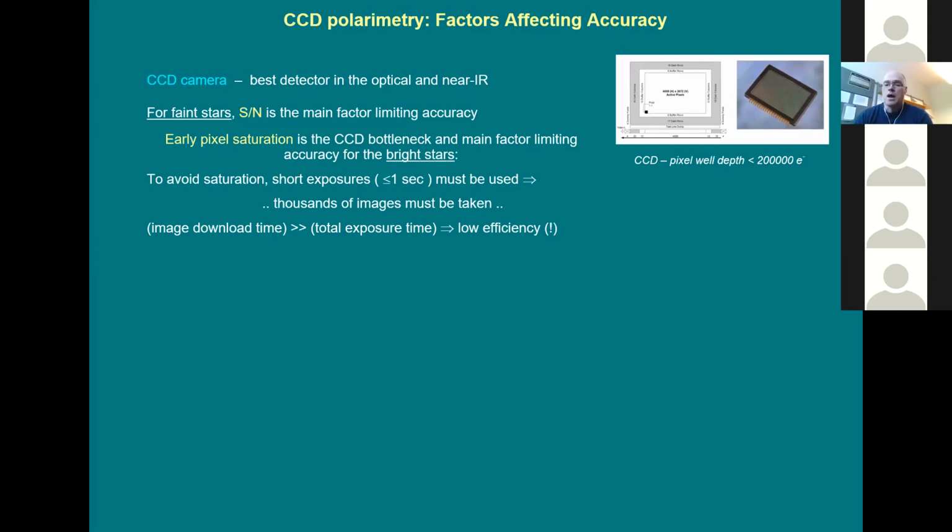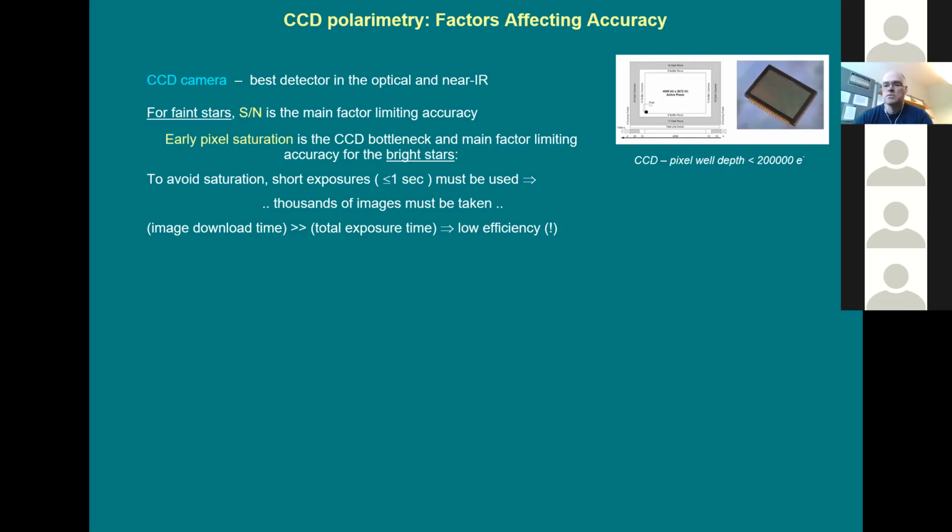However, when you want to measure polarization with a high accuracy from a bright star, the early pixel saturation becomes a CCD bottleneck and the main factor limiting accuracy. The typical full well depth for CCD cameras is something like 200,000 photoelectrons per pixel. And to avoid saturation, short exposures must be used and many thousands of images must be taken to collect this required high number of photoelectrons.